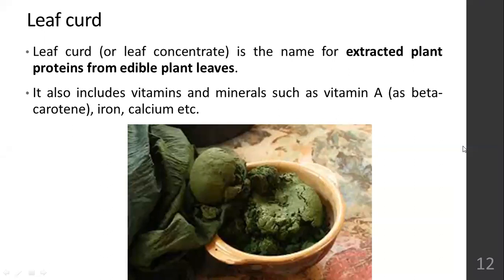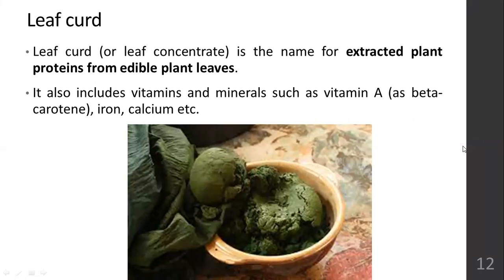Amaranth and spinach leaf curds have the highest amount of beta carotene as compared to even fresh leaves. If you have palak or amaranth leaves in your sabzi, in your vegetable curry, these leaves will not give you the amount of beta carotene, iron, and calcium that leaf curd can give you.